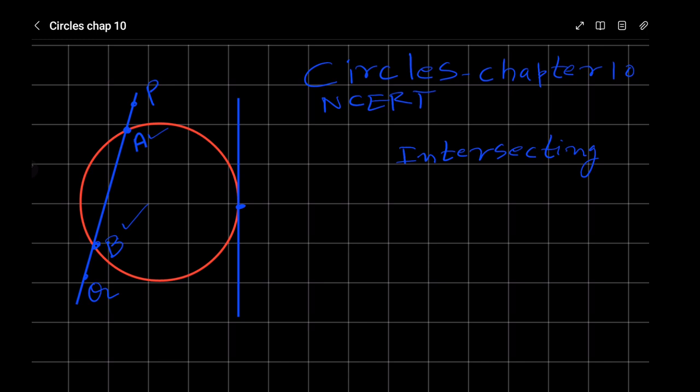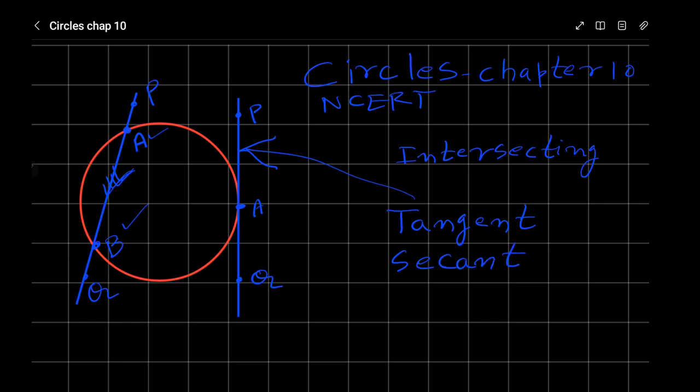Means there are no points A and B, there is just one point. So if we draw the same line but it touches the circle, then it's called a tangent line. So this line is a tangent line, and this line is a secant line.